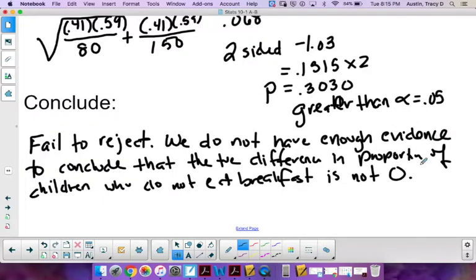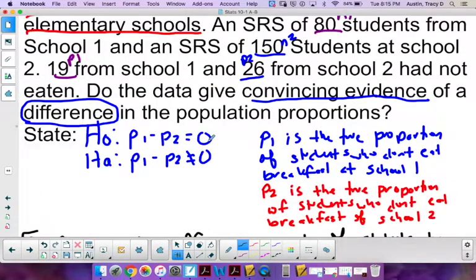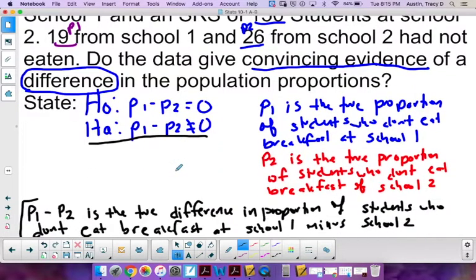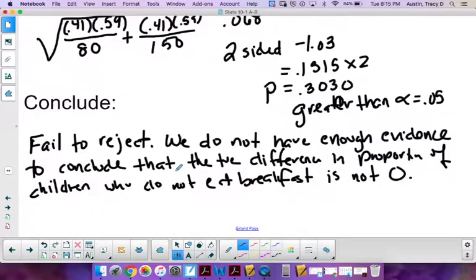So just be real careful. Think about what it is that you're saying. We don't have enough evidence to be able to prove this. That is what we're trying to prove, that there is somehow a difference between the proportion of kids in each school that don't eat breakfast, and that was what we have failed to prove.